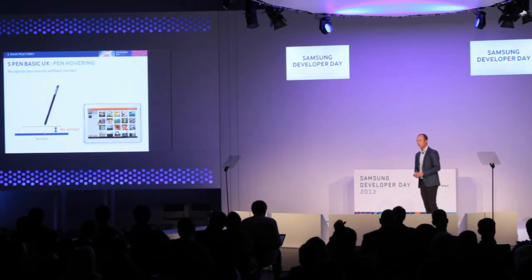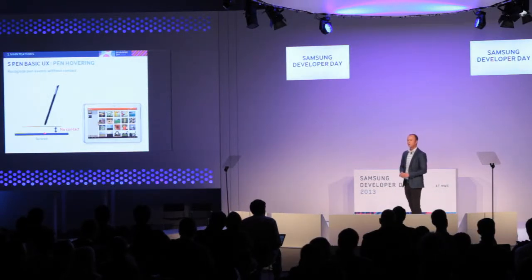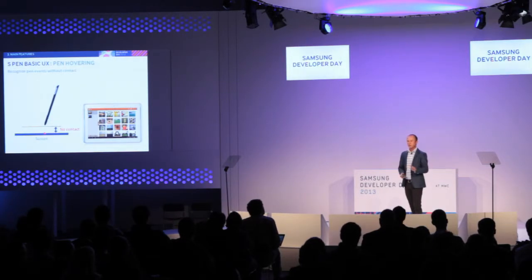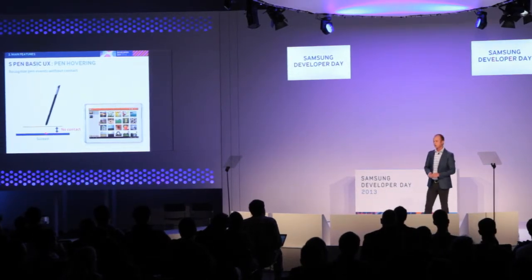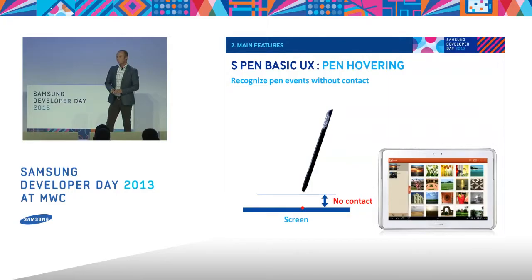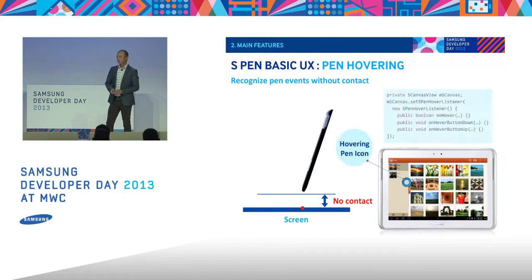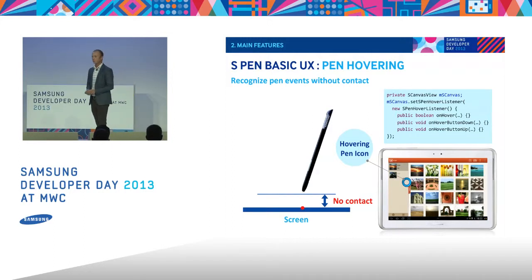Let's move further. By utilizing Pen technologies, you can check information such as the coordinates of the Pen, even when the tip of the pen is slightly apart from the screen, meaning when it's not touching the screen. If you have a Galaxy Note with at least the ICS platform, and change the hovering menu in the settings from off to on, you can see the hovering pen icon.